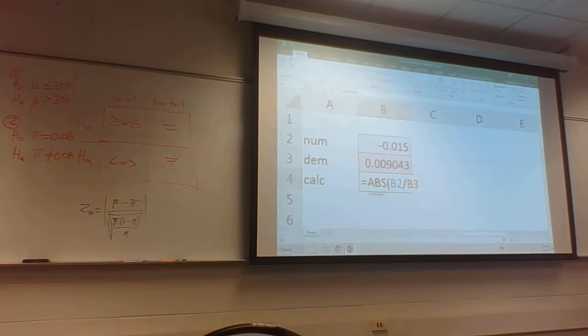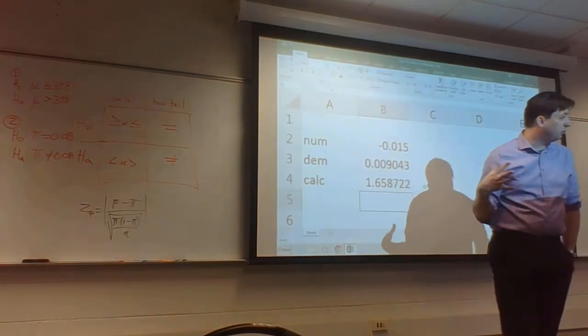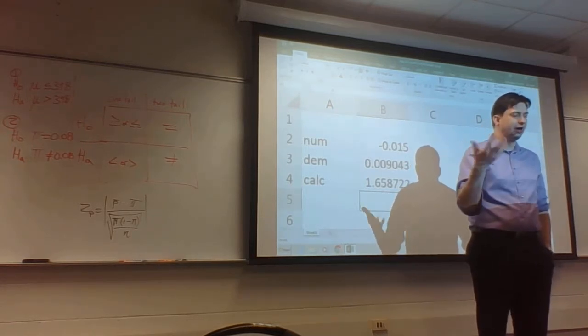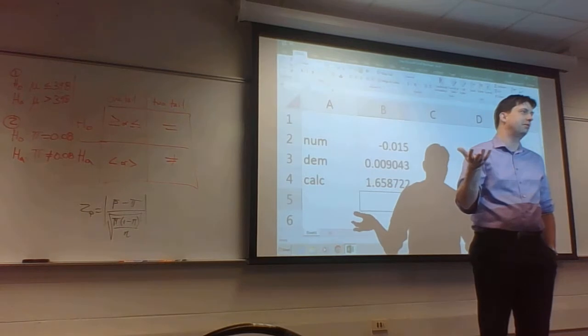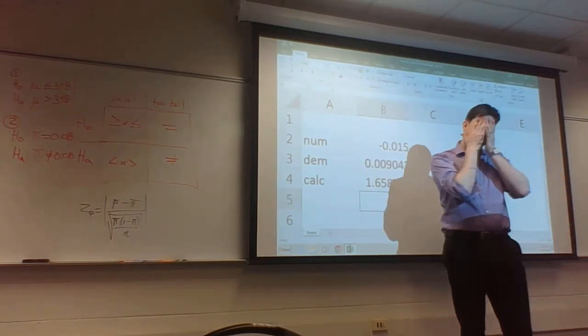You can just mentally make it positive. But I do the absolute value step to remind us that before I started doing it, I literally had lots of students say, oh, it's negative, I guess it won't be greater than the critical value, and they kept failing to reject the null.